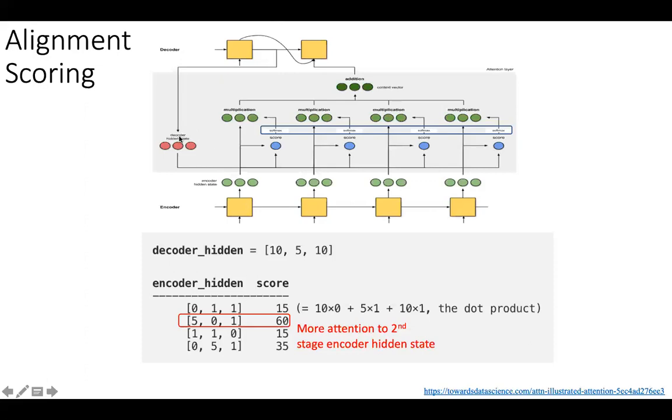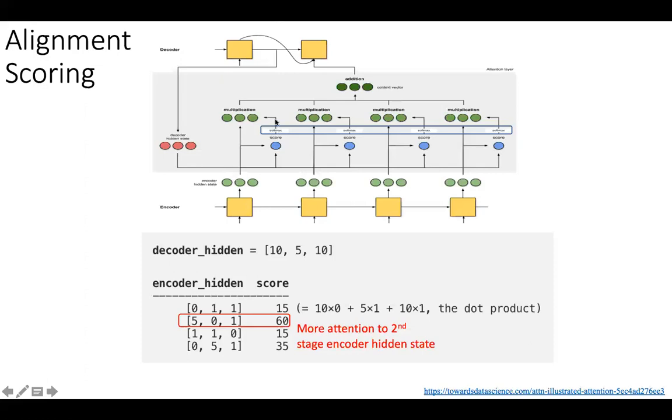So in the decoder, I will take the dot product of the encoder hidden state with the decoder hidden state. The score will be computed, and in a similar manner the score will be computed for each encoder state. Then we will take the softmax so that the scores sum to 1.